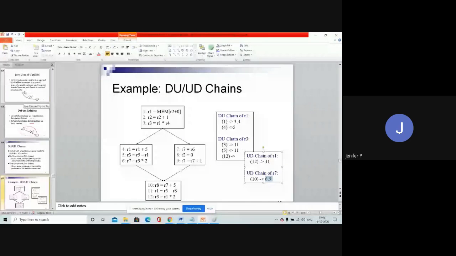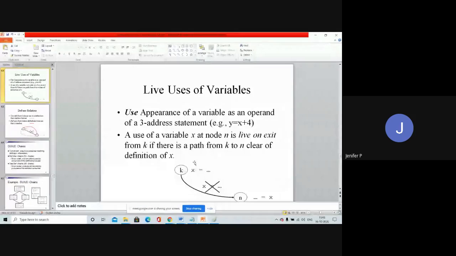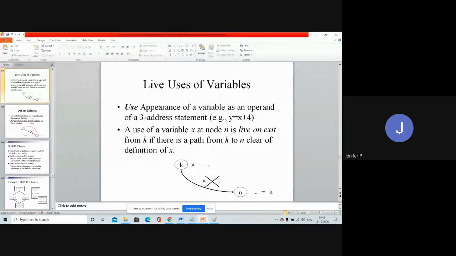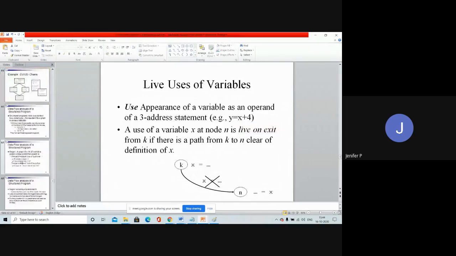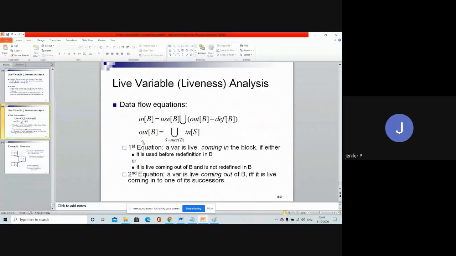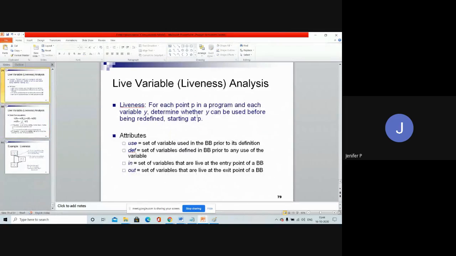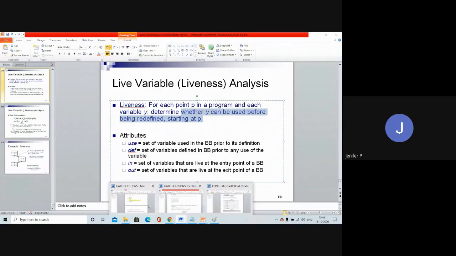See here, x has been defined at this instant and used at this instant. Between this definition and use there is no other definition. That means it is said to be live. This is what we call liveness analysis. Liveness analysis determines, for each point and each variable, whether it can be used before it has been redefined.